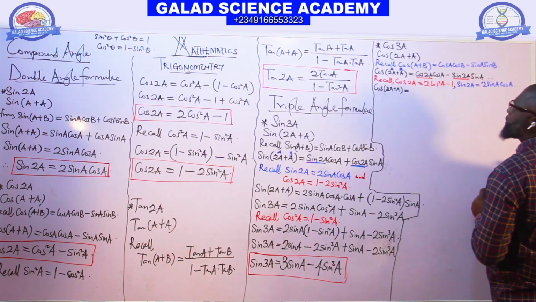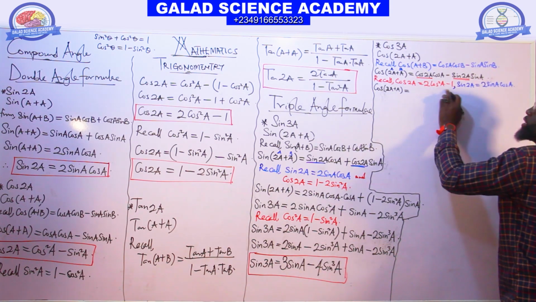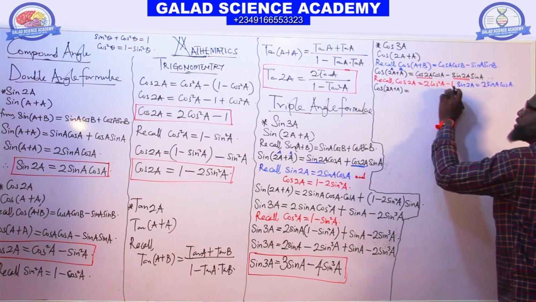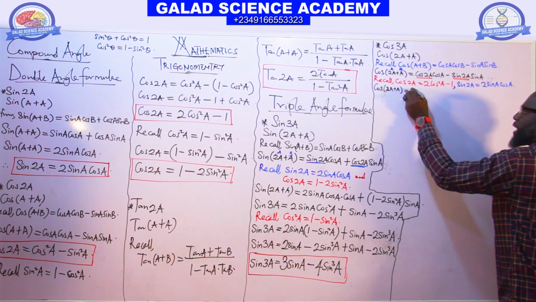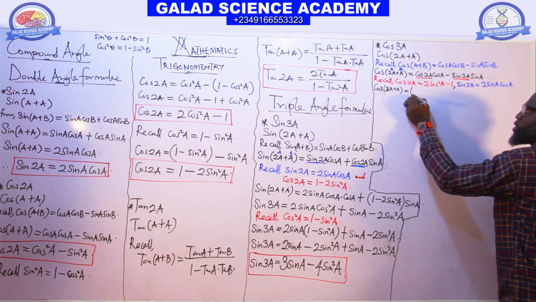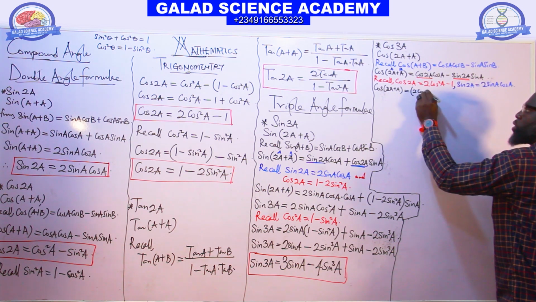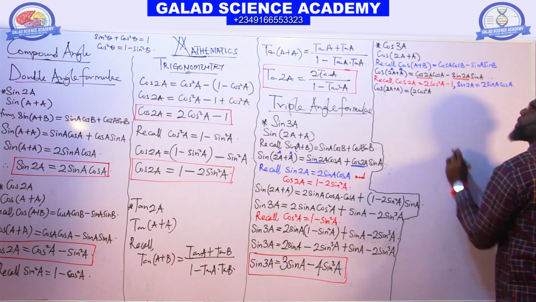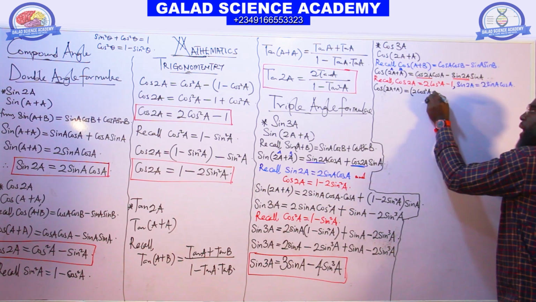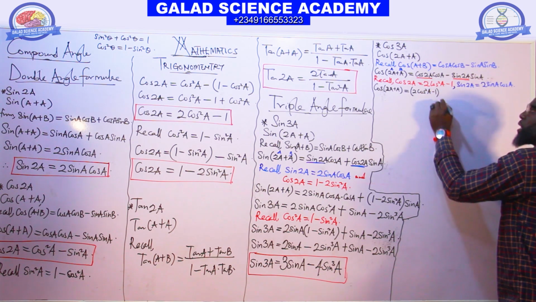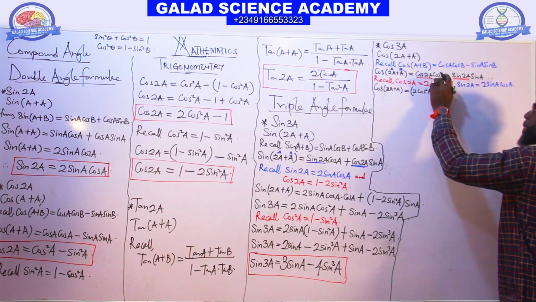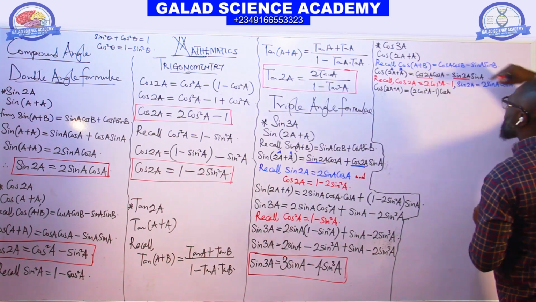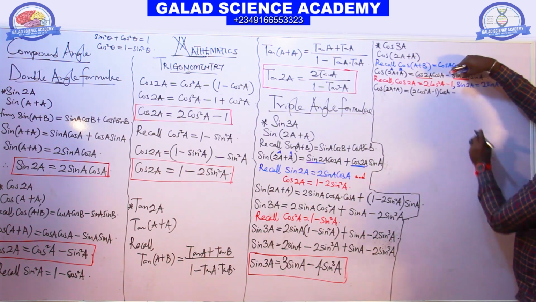It will now give us, let me put it in brackets to avoid confusion, (2 cos square A minus 1) cos A. Then this minus is here.